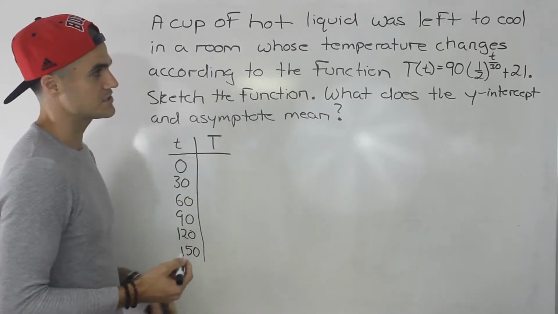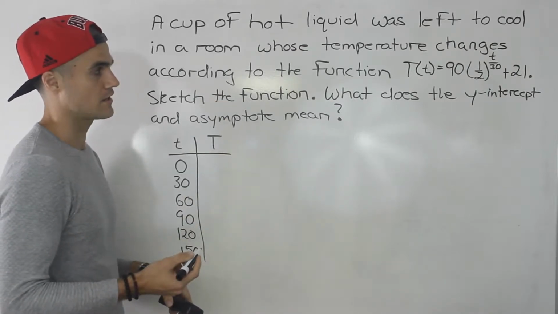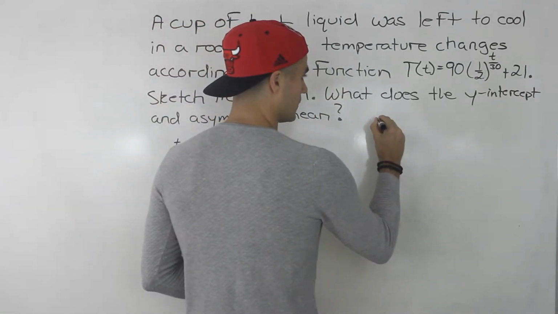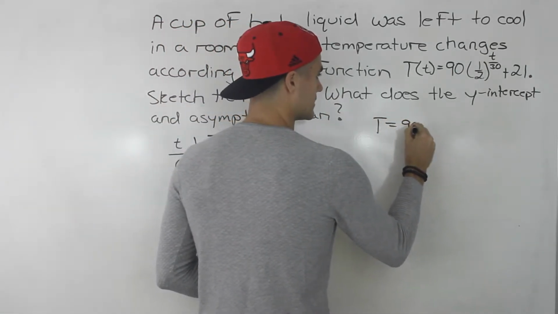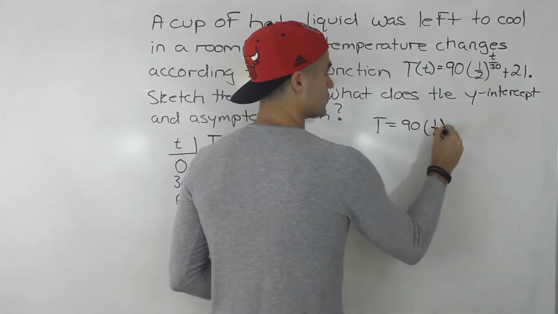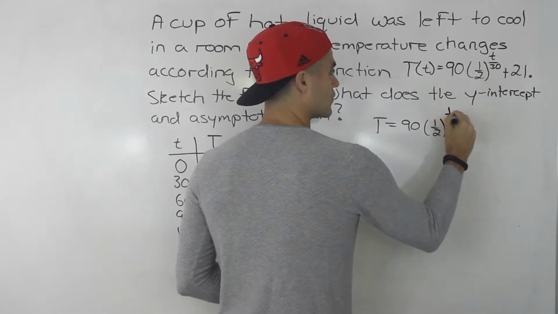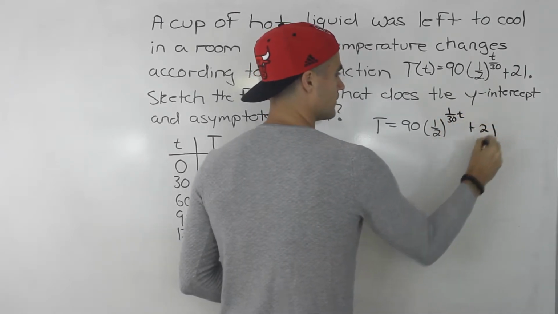Now another way you could sketch this function is you can do transformations. So notice that we can rewrite this as 90 times 1 over 2, and then we can bring the 1 over 30 in front, so it would be 1 over 30t, plus 21, right?